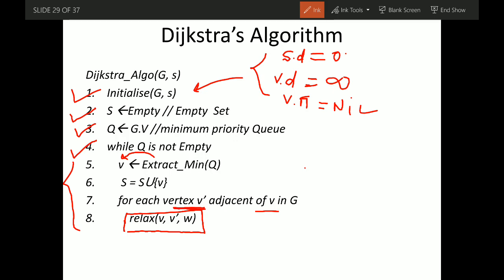In relaxing we update the shortest path estimate. So the decrease key process is done in the relax part, and the loop goes on until the queue is empty. So that while loop will run for the number of vertices times.